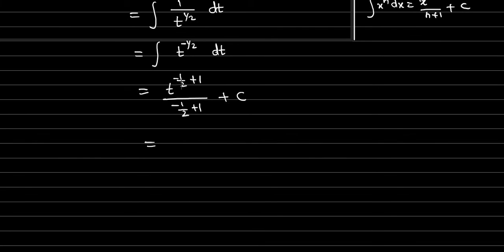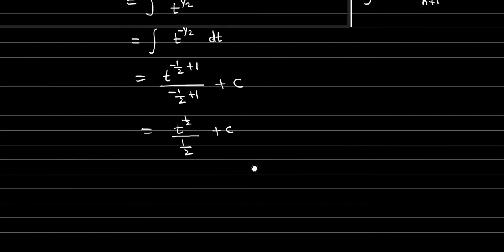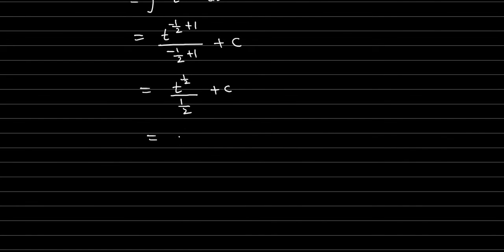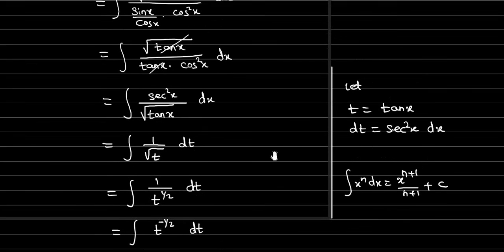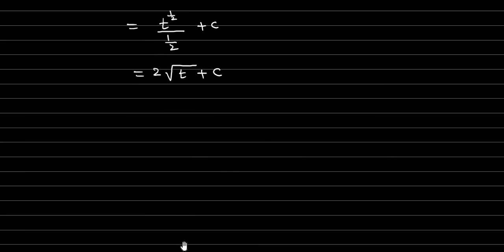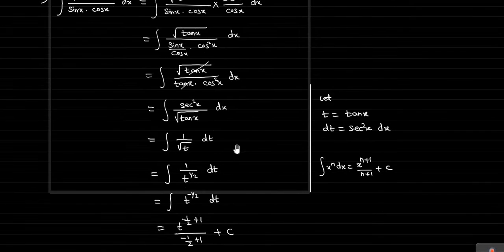Now from 1, if we subtract half, one more half will be there. So 1 by 2 is what? Square root t. And denominator's denominator, we can take it to numerator, right? So this 2 will go to numerator plus c. So what is the t that we consider? Tan x. So t we can replace it as a tan x. That's all the solution of this sum.